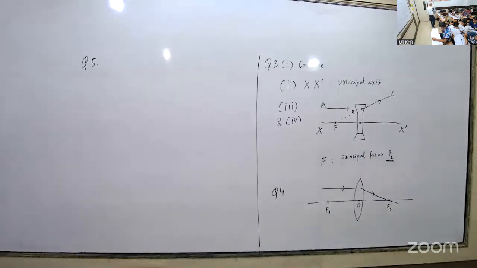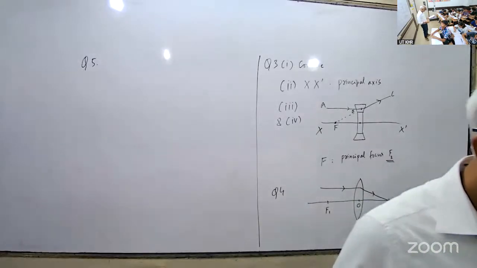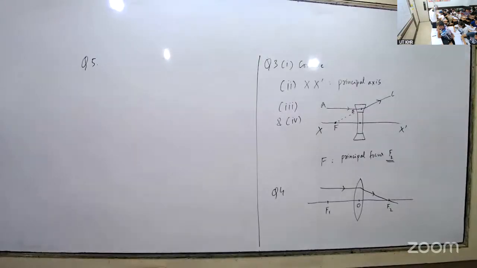Okay, you take the question. Question 5. Study the diagram and answer. What is the nature of the lens LL dash?